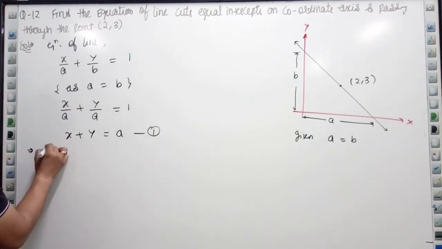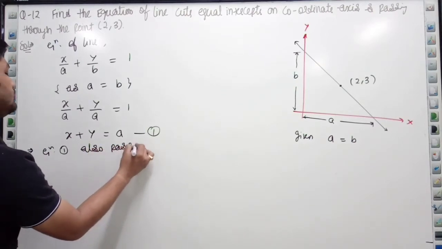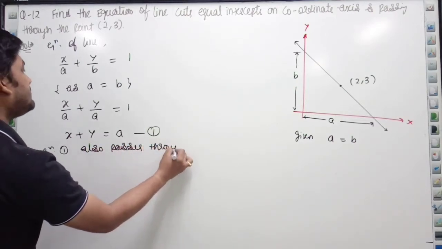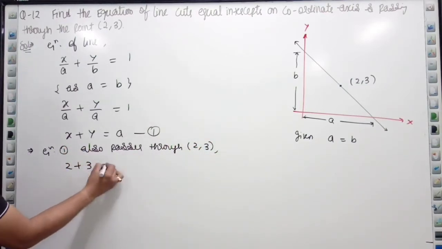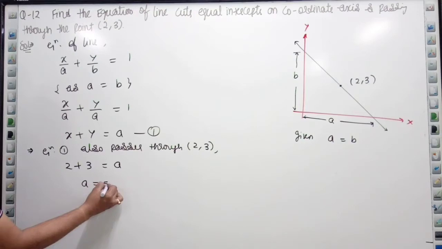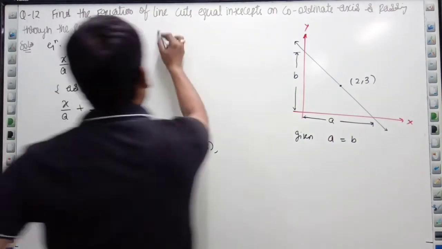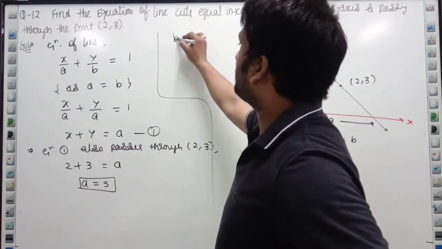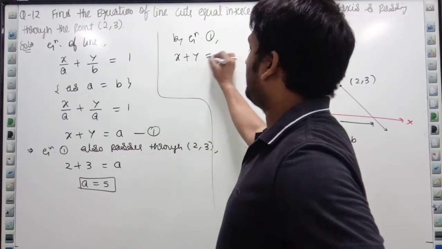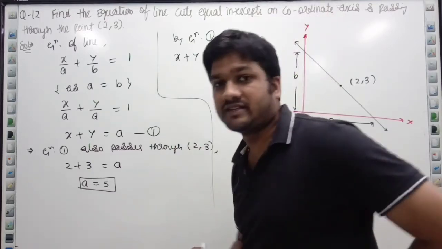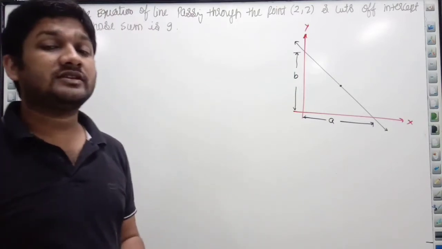Now this equation number 1 also passes through (2, 3), so we can write 2 plus 3 equals a. How much do you get? You get 5. Now if you have a as 5, you can write by equation number 1: x plus y equals 5, and this is the answer. The next question is also related to this.